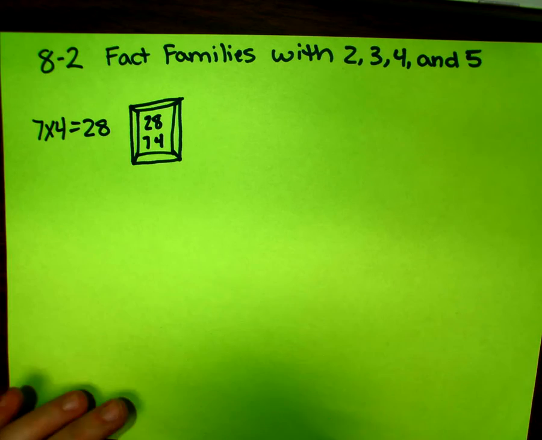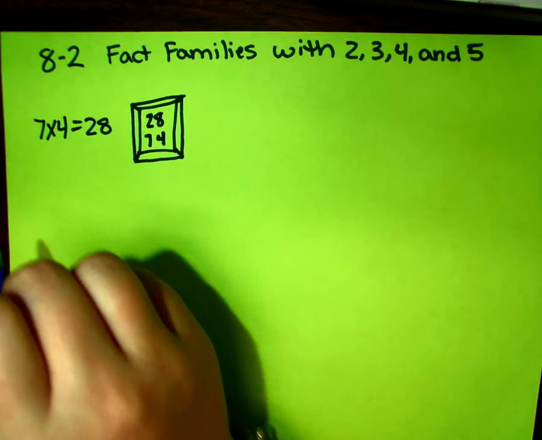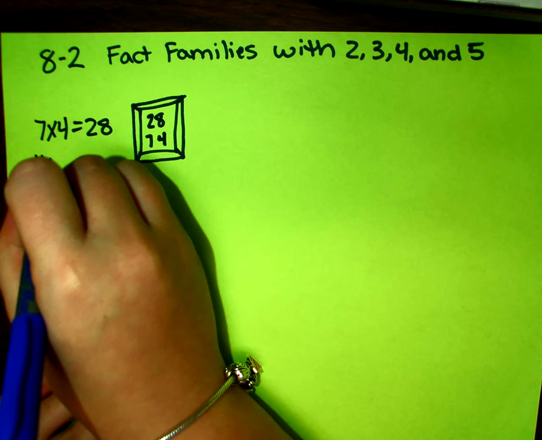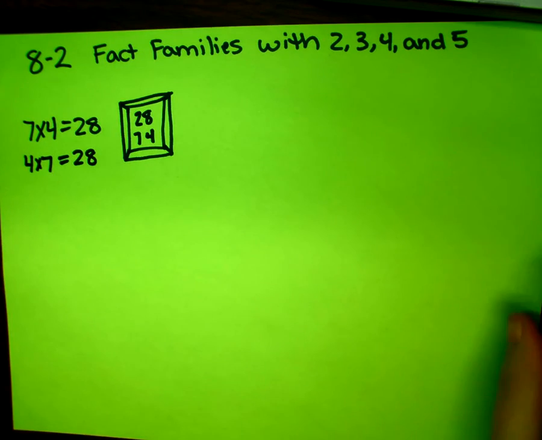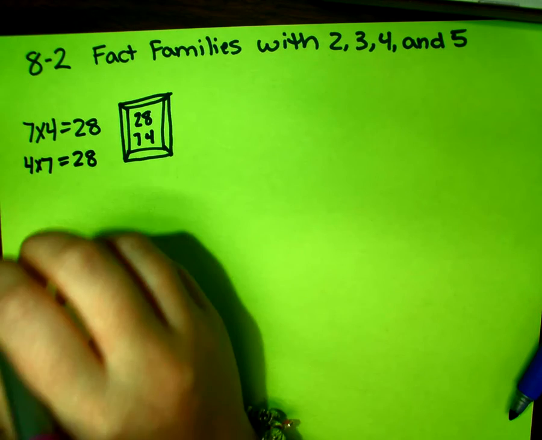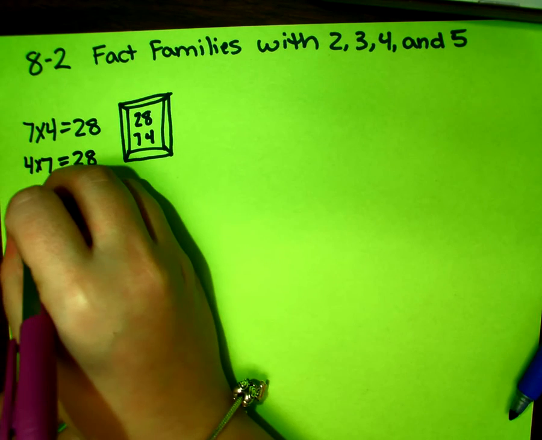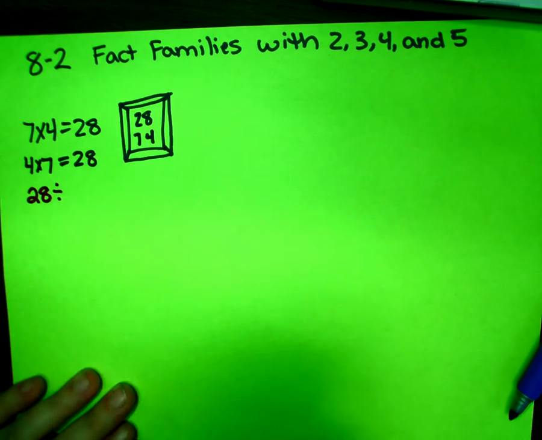The other problems that would be in this fact family, besides 7 times 4 is 28, would be 4 times 7 equals 28, and then 2 division problems. You'll always have 2 multiplication and 2 division. My division problems, remember the dividend is always the biggest number, and 28 is the biggest number in my family.